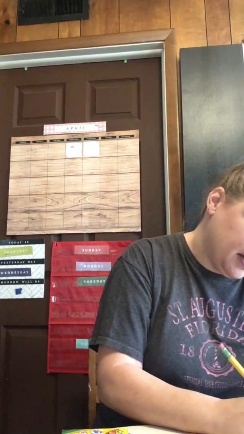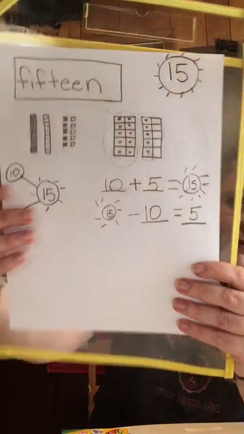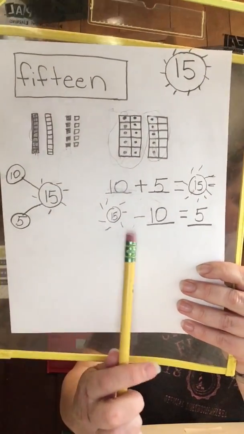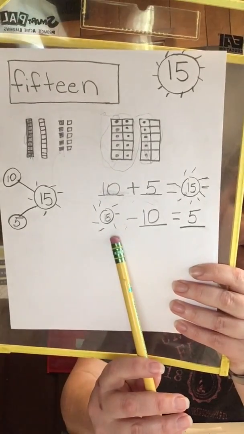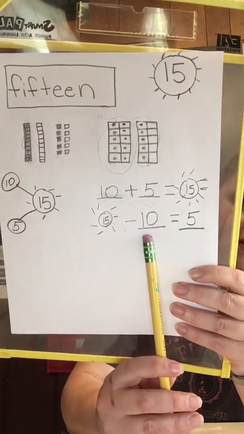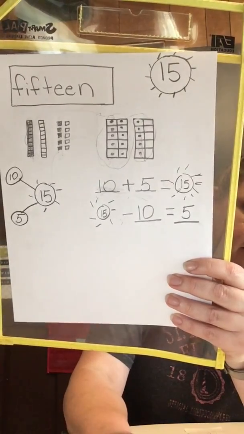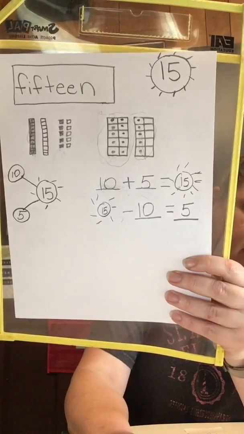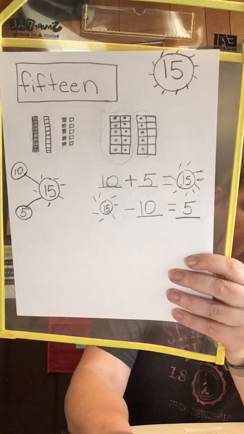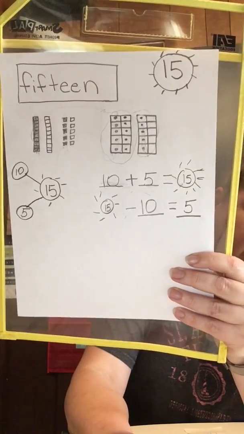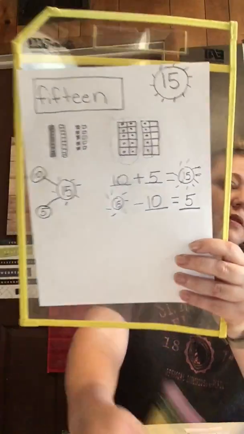So 15 minus 10 equals 5. We have 15 and we take away 10. That leaves us with 5. All right, if you need more time to finish that, you can pause the video. Okay.